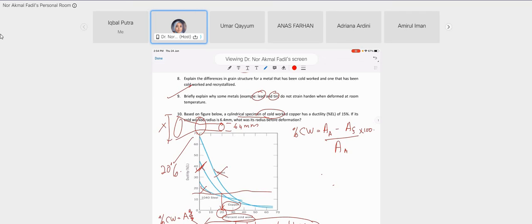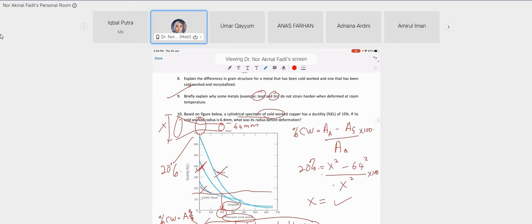So now you know it is x squared. This is radius. x squared divided by 6.4 squared, over x squared, multiplied by 100 equals 20%. So you multiply, then you will get what is x.